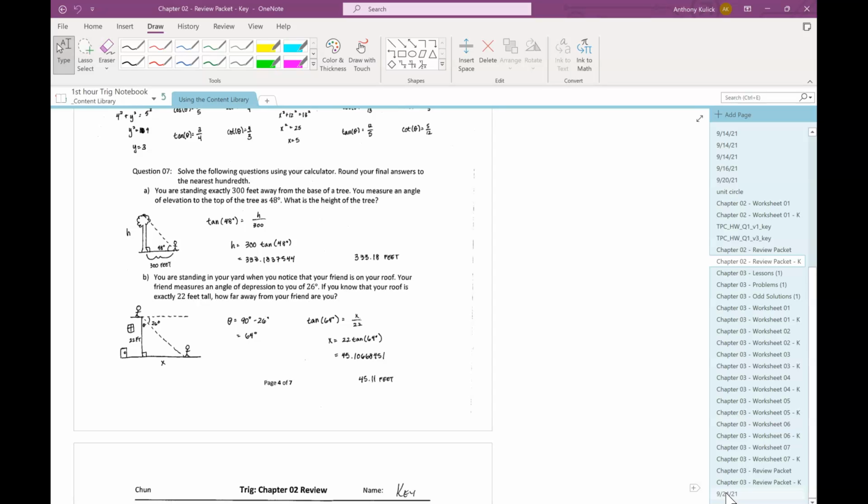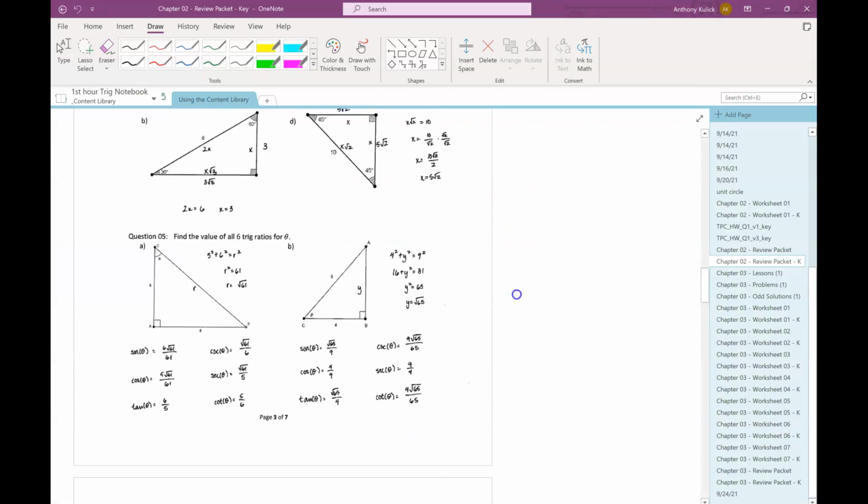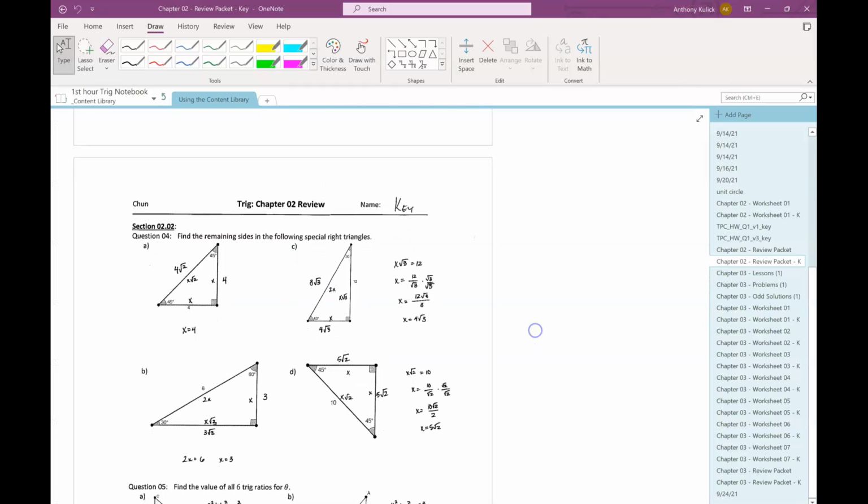Landon? So if we go to question 4, the next section, is there going to be one of these problems on the test? No, I don't think I read something like this, right? I just don't remember if you said this was.